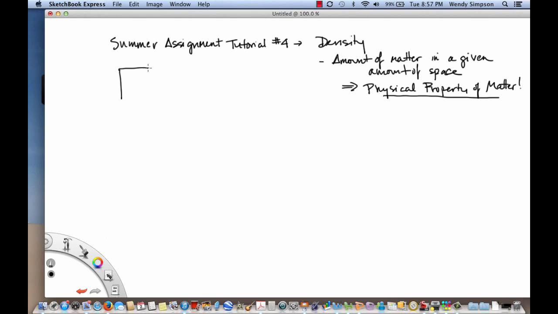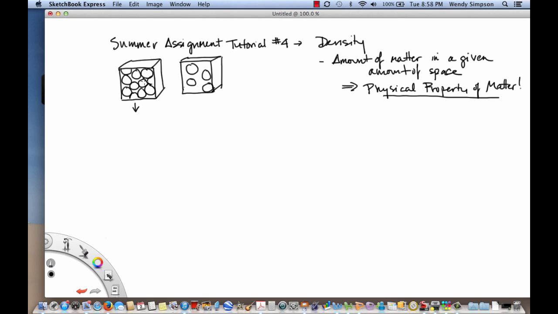Suppose that we have two identical volumes or spaces. These are supposed to be the same. I know cartoons aren't perfect, so think of them as the same volume though. This one is packed with particles like this, and this one is packed with the same type of particles, but like that.